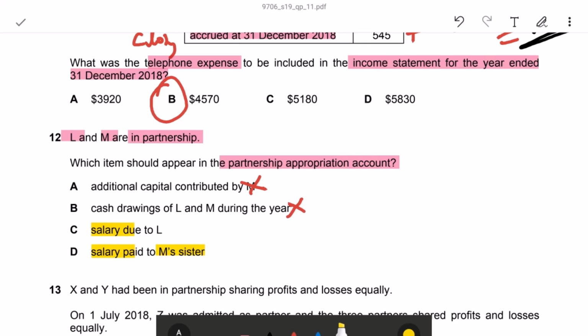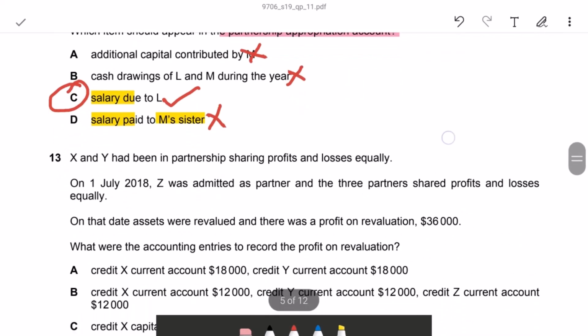Here salary due to L. L is a partner, so he is the second party. This transaction will go to the partnership appropriation account, but the salary paid to M's sister, M's sister is a third party. It goes to the income statement, not the profit and loss appropriation account. So which is the correct answer? Correct answer is C.